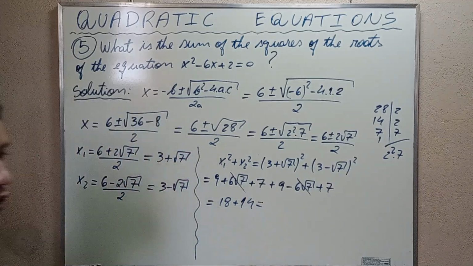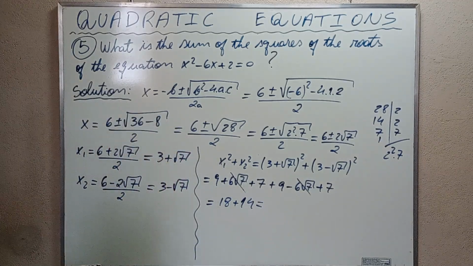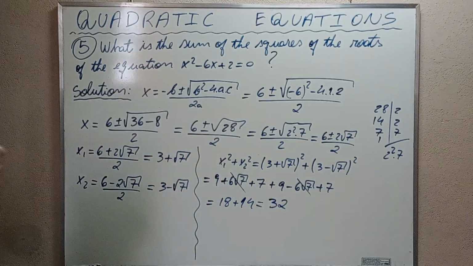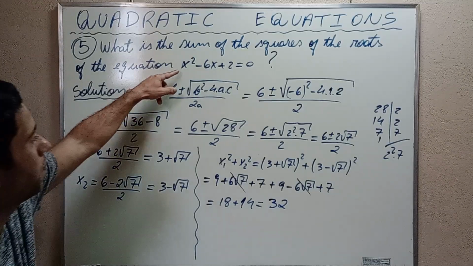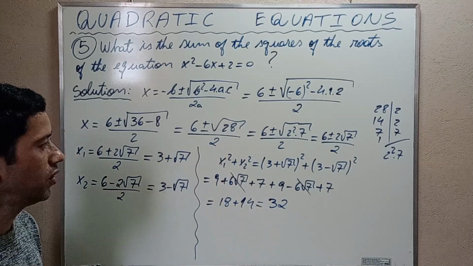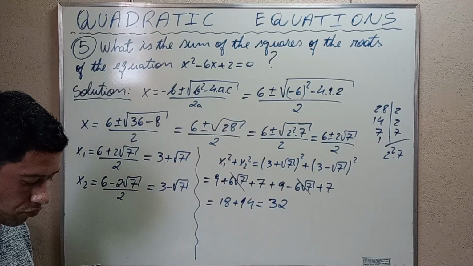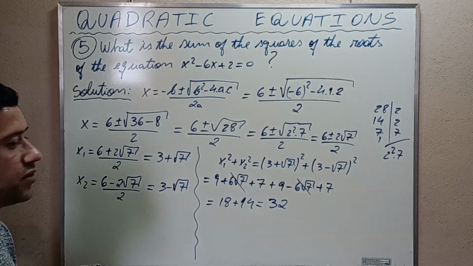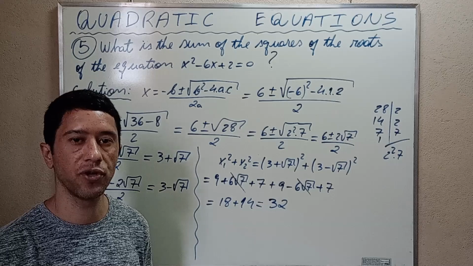And this is equal to 32. Thus, the sum of the squares of the roots of this equation here is 32. Alright, my friends, easy, isn't it? What do you think? Alright, and this is all for exercise number 5. Let's go to the next.